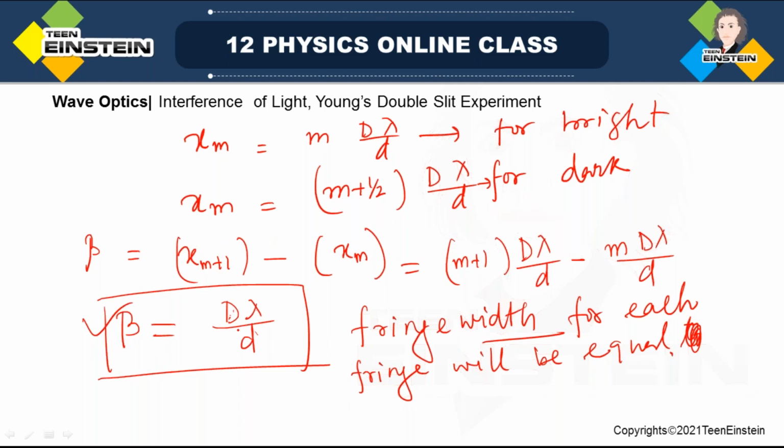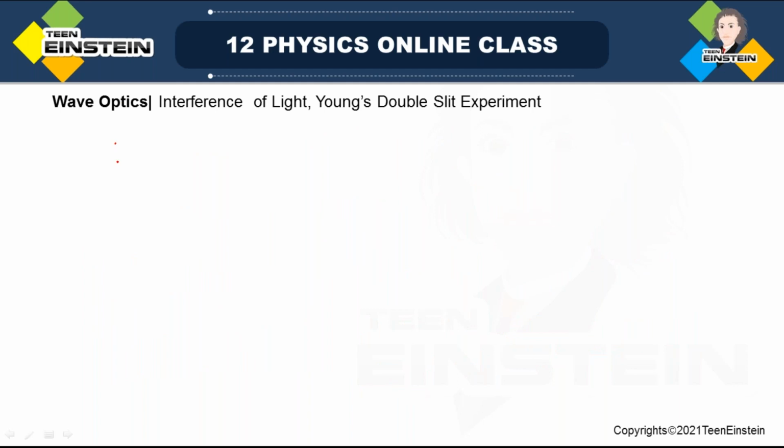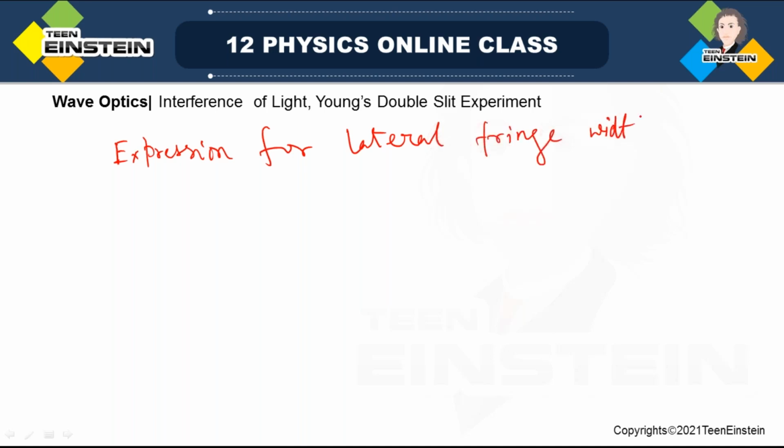So now look, what we have got is the expression for lateral fringe width, or simply fringe width. Whenever you say fringe width, you have to understand this is beta.